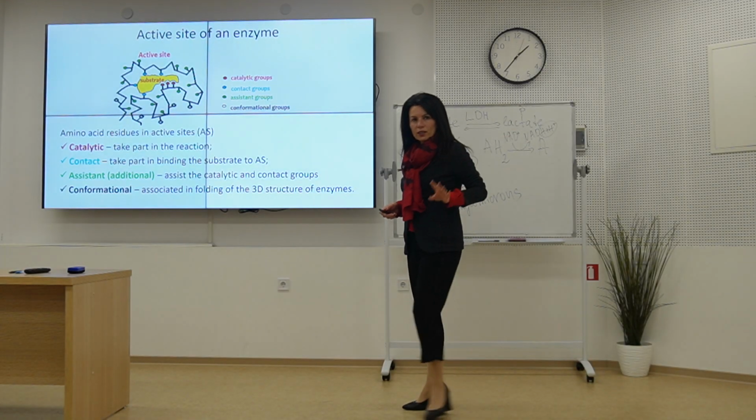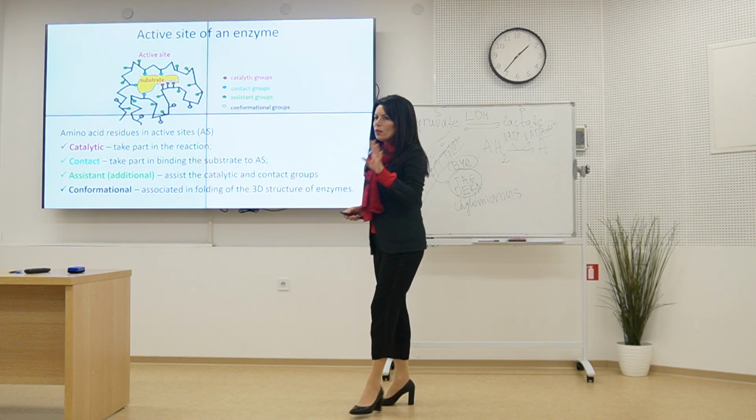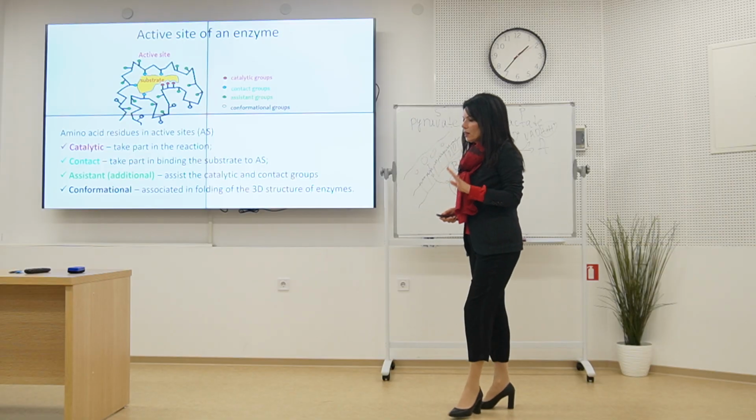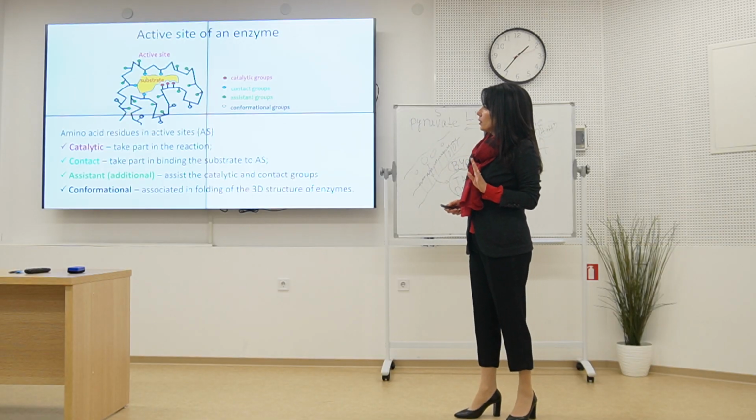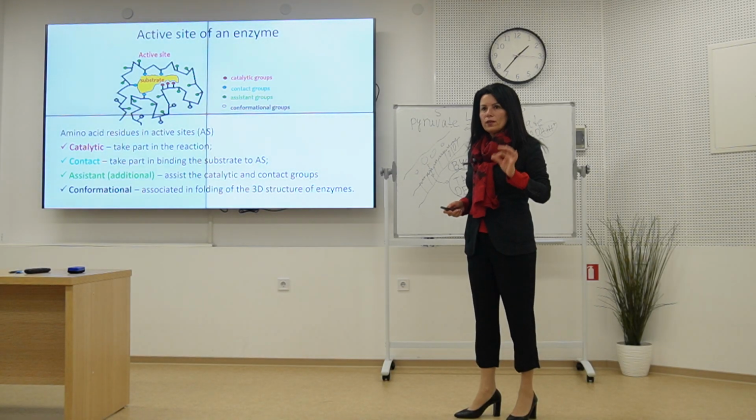All enzymes have active sites; there are no enzymes without active sites. Don't confuse active with allosteric. The active sites are in all enzymes. This is the place of contact with the substrate.